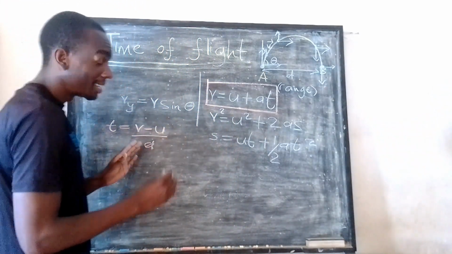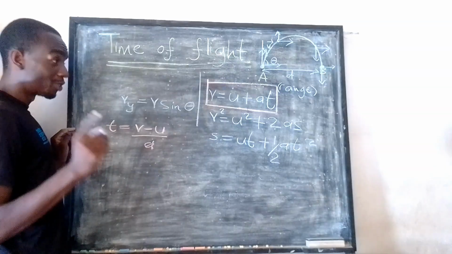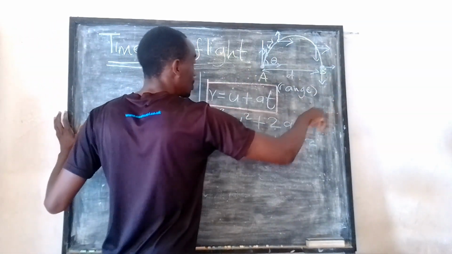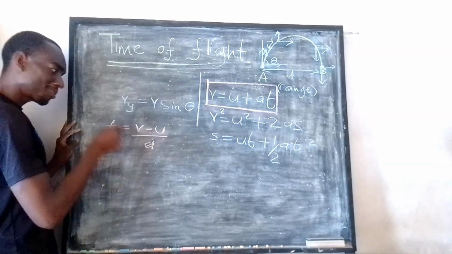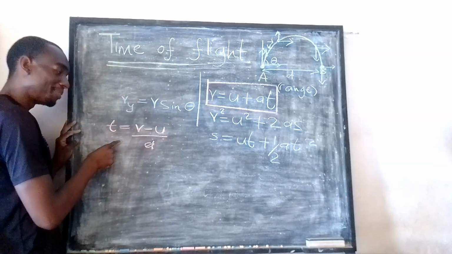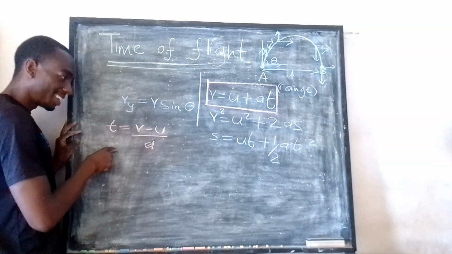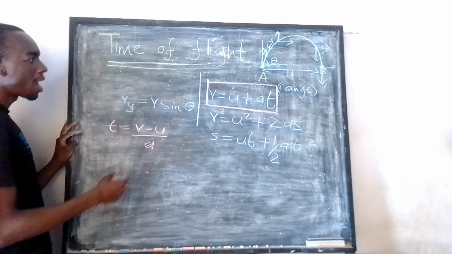Like I'm saying, this is actually the time of flight formula for this entire journey when you're dealing with the vertical aspect of the motion. But please be very, very careful when using this formula. Why?